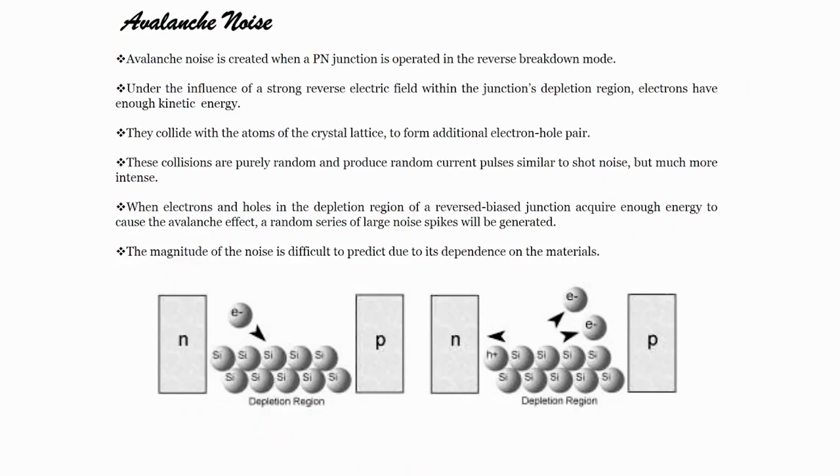Now, let us see one more kind of noise, which is avalanche noise. What is avalanche noise? Avalanche noise is created when a PN junction is operated in the reverse breakdown mode.